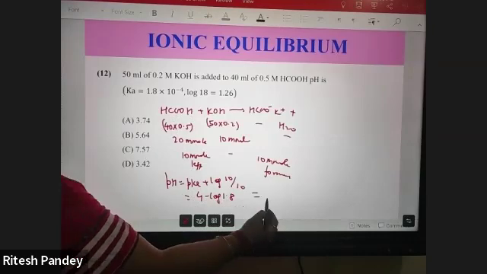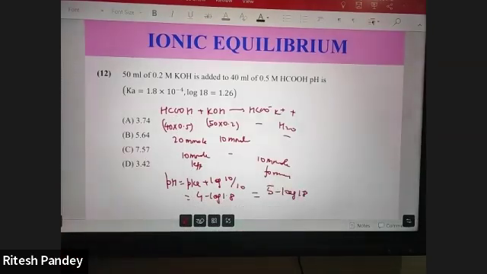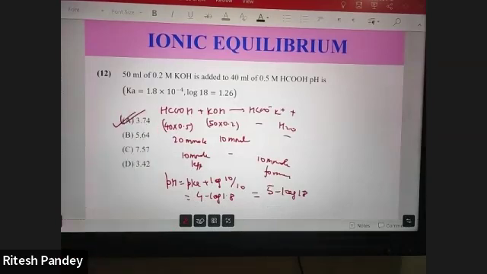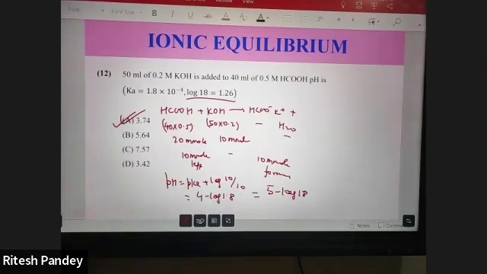I think 4 minus log 1.8 could be written as 5 minus log 18. That's 3.7. Log 18 is given exactly for this reason. I think I've simplified it completely for you. We want to move on to question 13. Fair enough?